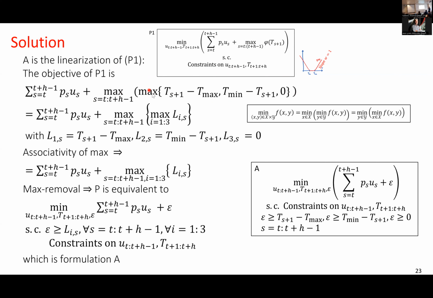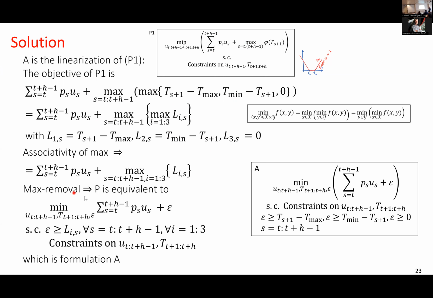So that's the max of all those things here. And we know it is simply the max of all, if we put all those terms in a big bag. There are 3 terms multiplied by h steps, all those values here. This is the overall max of everything here, associativity of max.